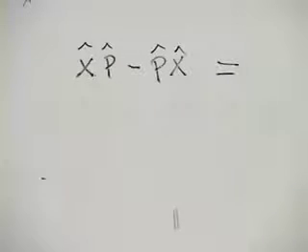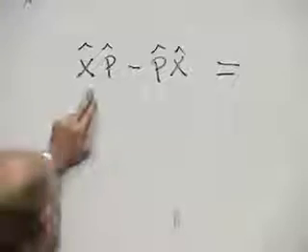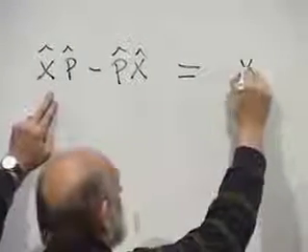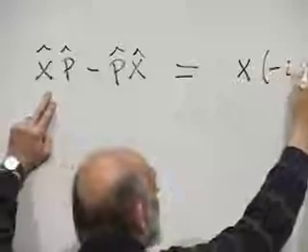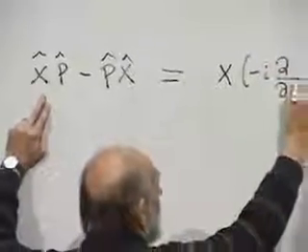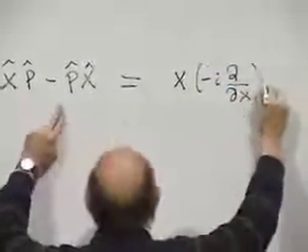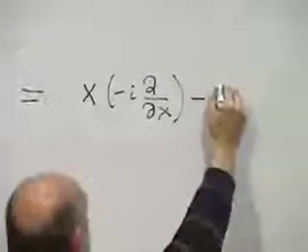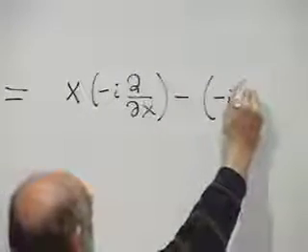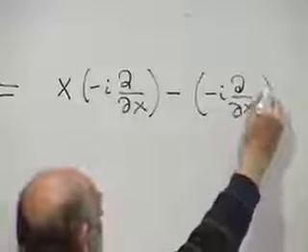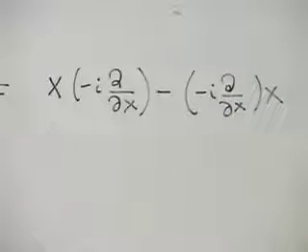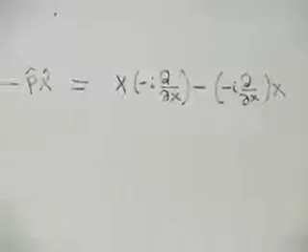Minus i h bar d by dx. So we can write this as x times minus i d by dx, minus i d by dx times x. All I've done is substitute for p, minus i d by dx.